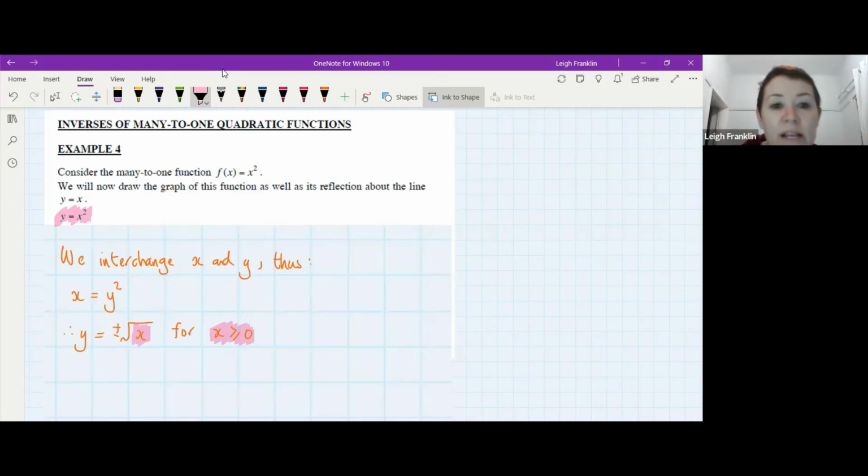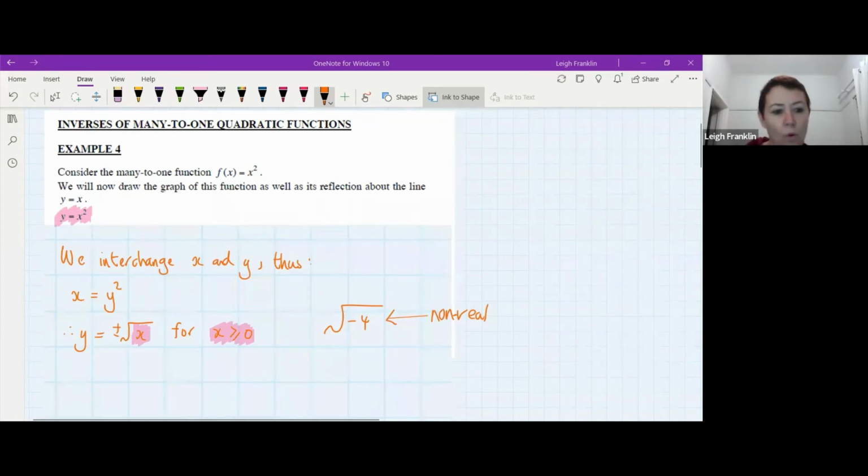The reason for that is because we're dealing with a square root. Remember, if we've got the square root of a negative number, this would be what we would define as non-real. Okay, so that's why we can only work with those values of x that are greater than or equal to 0. Yeah, we can't square root a negative number.